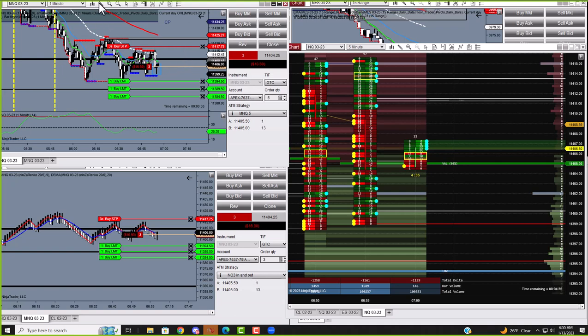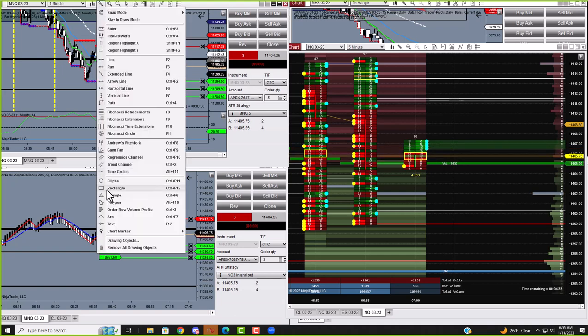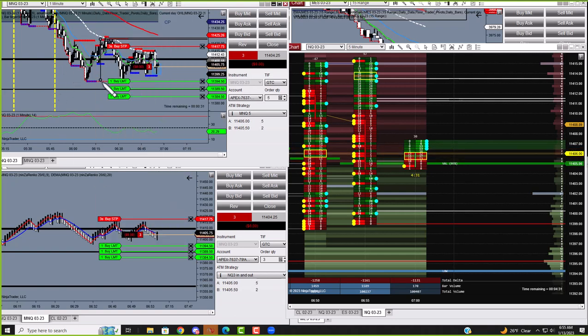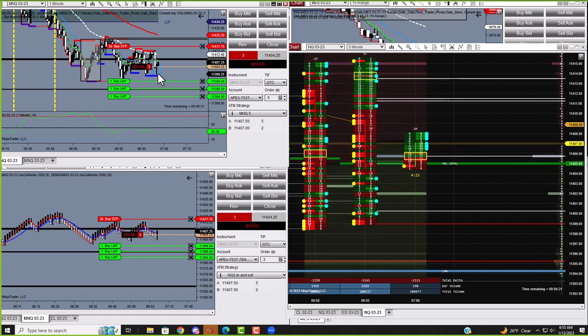We got one of these the other day, right here. That wasn't a 2-bar, though. It started to be, but it didn't close. Yeah, we bounced right off the support here. Ah, we're in the sell zone, so.